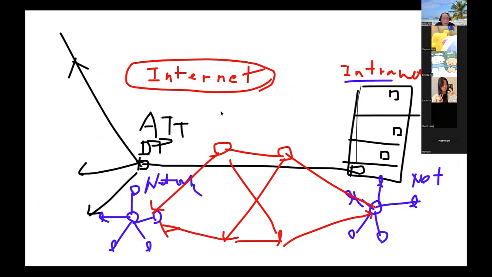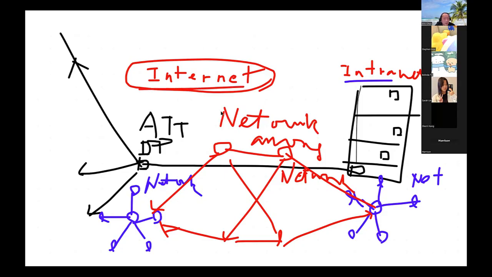So the network among networks is called the internet. The network of networks is called the internet.